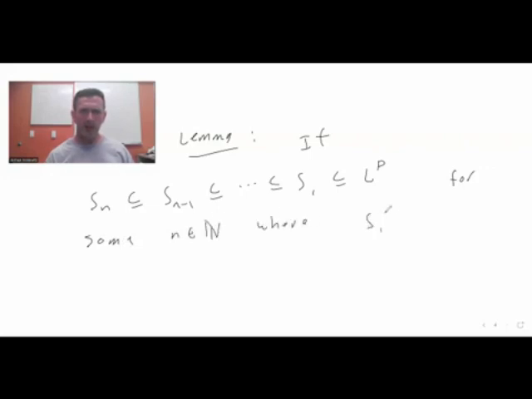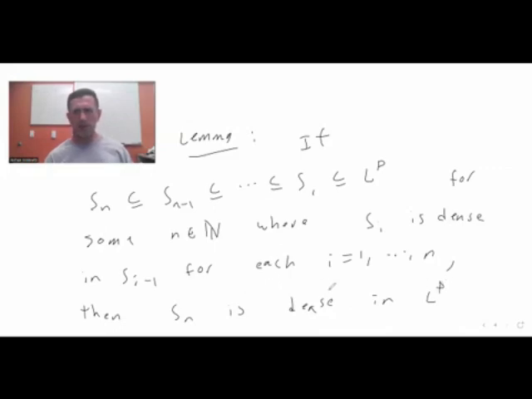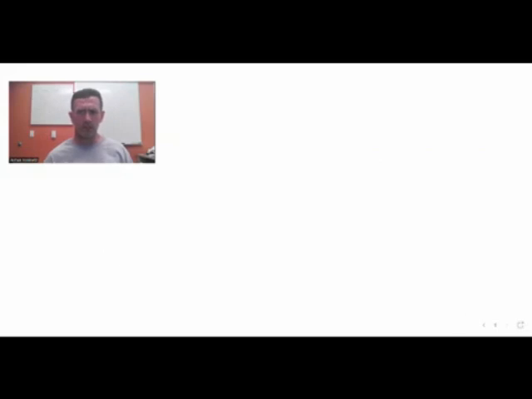So here Si is dense in Si minus 1 for each i equals 1 to n. Then the claim is Sn is dense in LP. It's a pretty obvious, easy thing to prove, nothing too surprising.